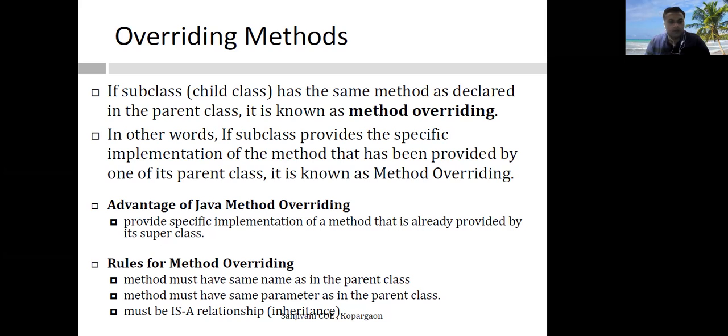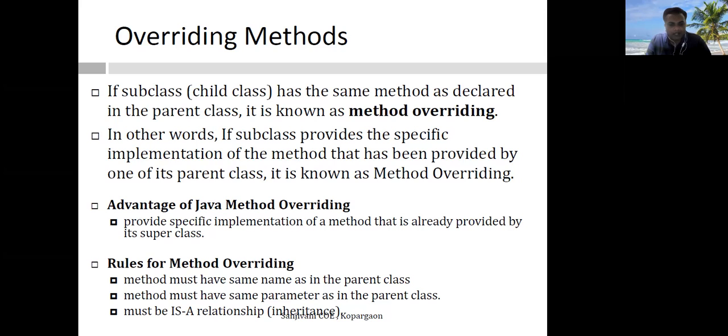The rules of method overriding are as follows. The method must have the same name in its parent class as well as in a subclass or derived class. The method has the same signature inside the parent class as well as inside a derived class, with its implementation. Same signature means the same argument list, the same return type, and the same name.